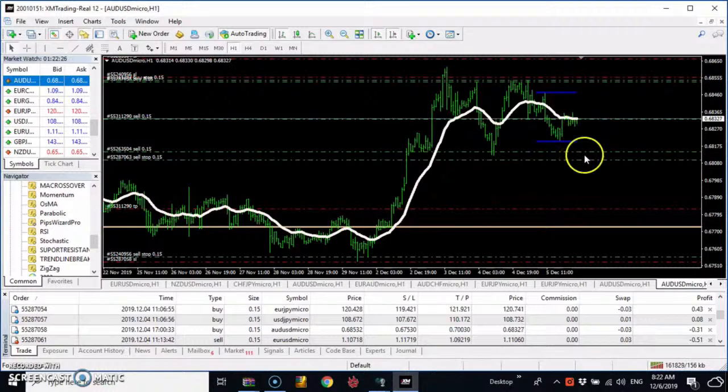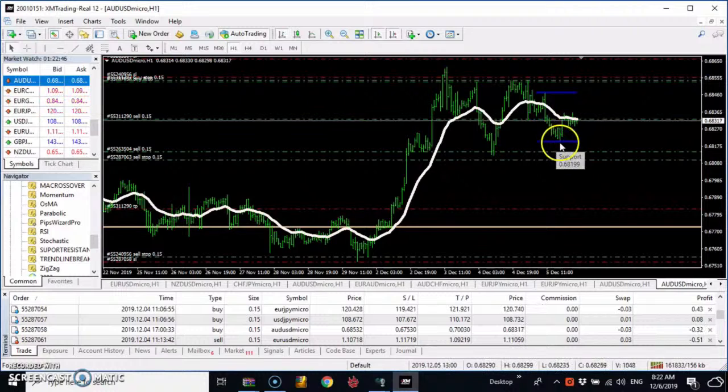So when the price touches the resistance of today, I will put in my sell, hold it, and get out today when it breaks this current support.